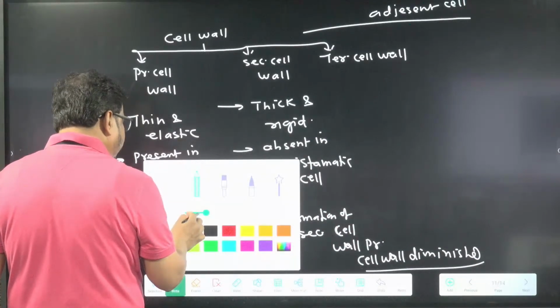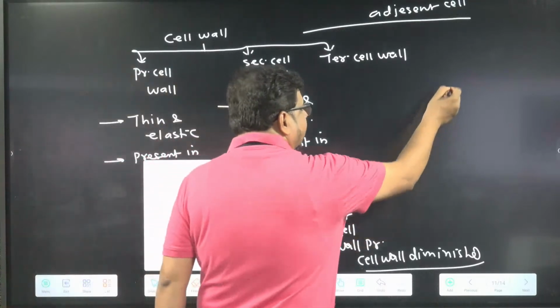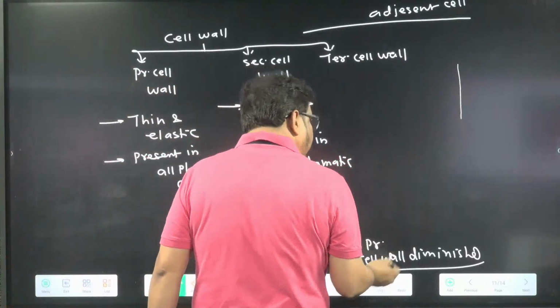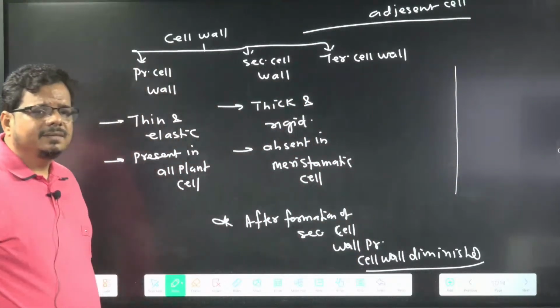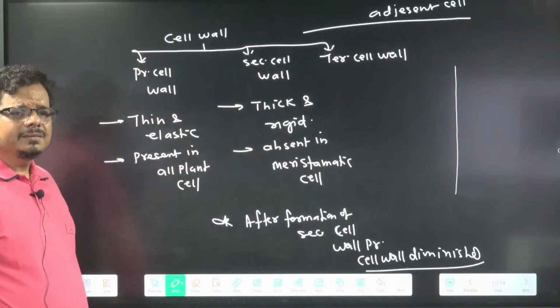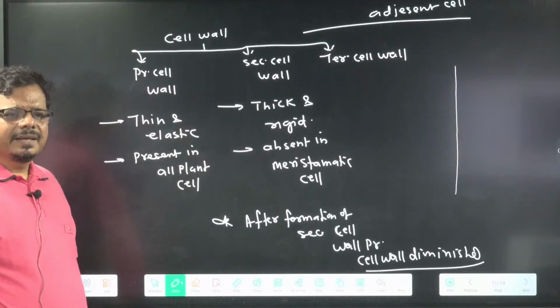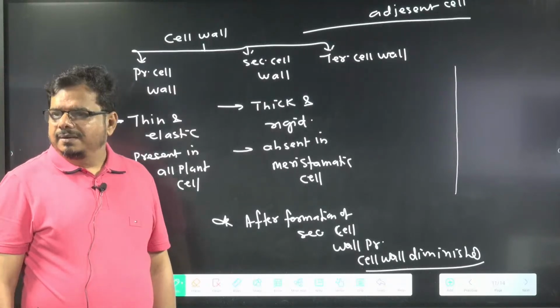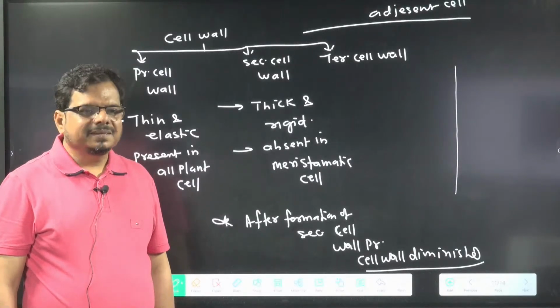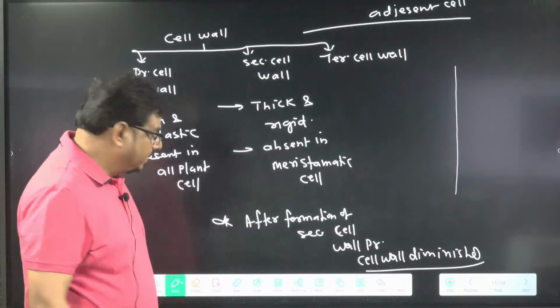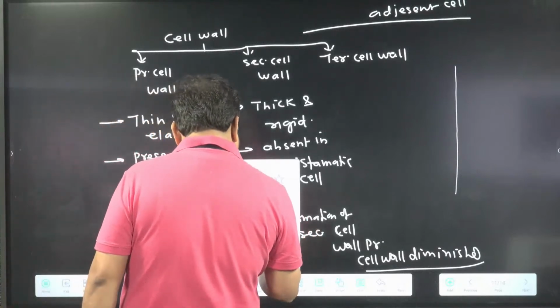Let me tell you with the help of a beautiful example. I have drawn here a line. Are you able to see it? Yes or no? Yes. It is the primary cell wall.